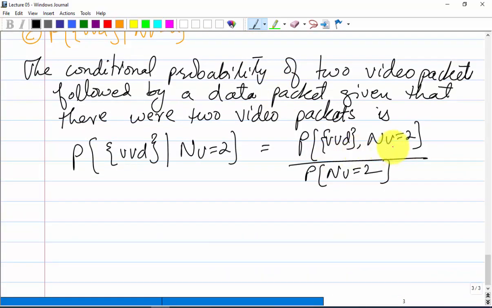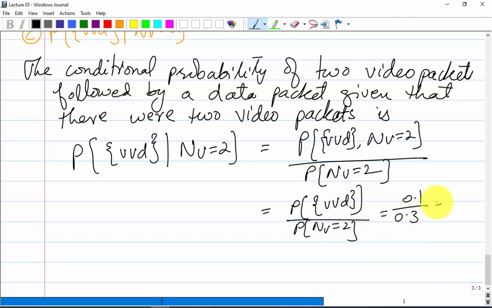So it is straightforward: the probability of VVD divided by the probability of NV equal to 2. We know the probability of VVD is 0.1, divided by 0.3, so it is 1 over 3.